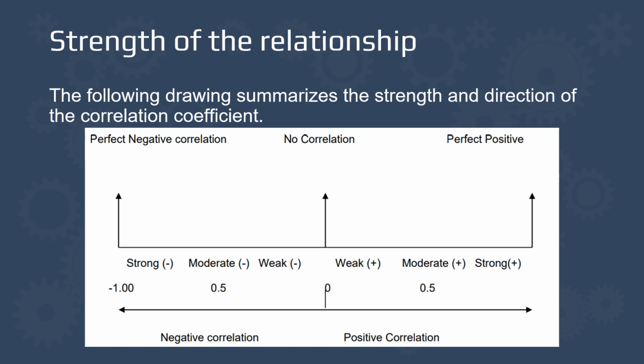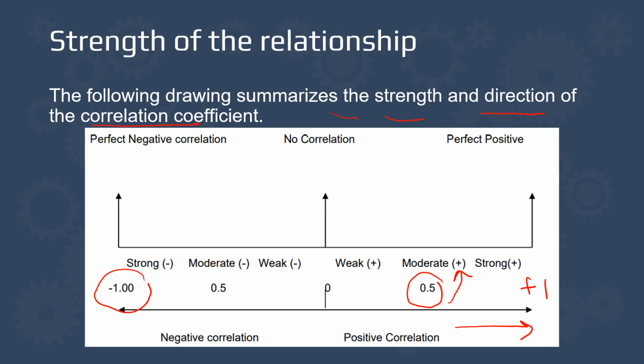Once you have the value of Pearson's product moment correlation coefficient, you need to know how to interpret the result. The following drawing summarizes the strength and direction of the correlation coefficient. The value ranges from -1 to +1. If the correlation coefficient r is close to 1, we can say that it is positively correlated. But you need to classify where the value is. Let's say the value is about 0.5 or 0.6, we can say that's moderate positive.